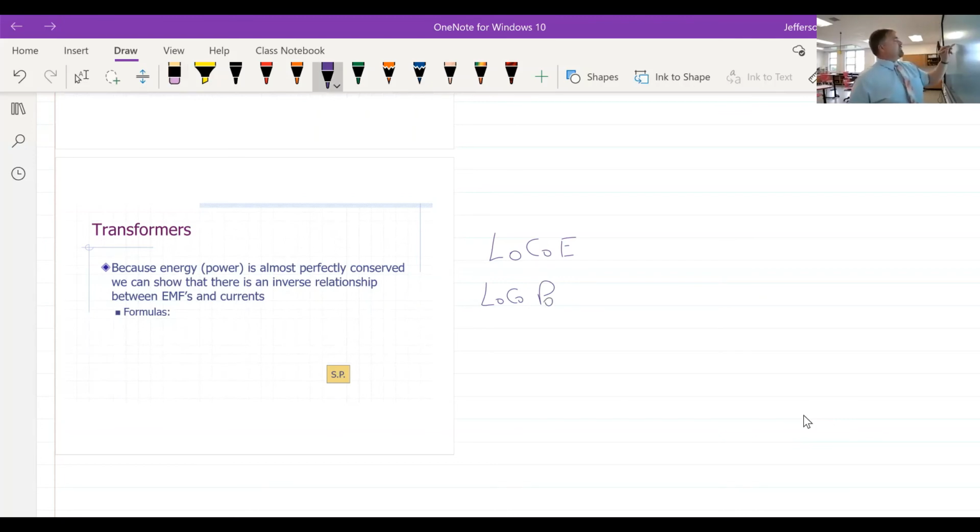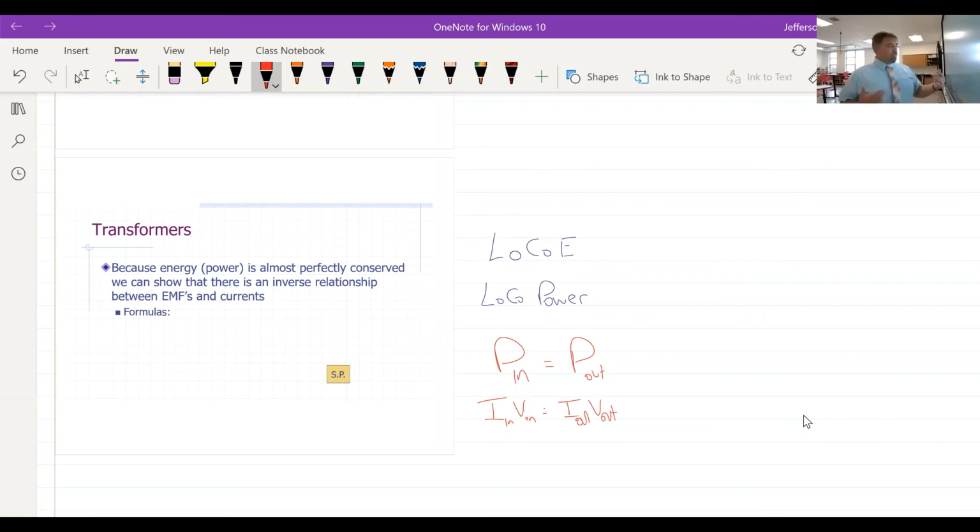Put in terms of power, there's a law of conservation of power there because the energy you put in is equal to the energy you get out. And so in that case, we can say that the power you put in is equal to the power you get out. And so remember power, that would be the current in times the voltage in equals the current out times the voltage out.